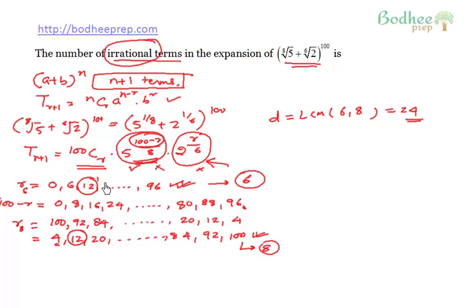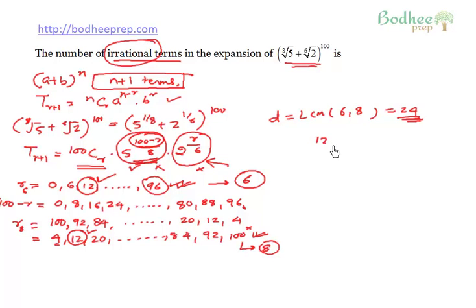So the first common term will be 12 and the common difference will be 24, and the terms will go till 96. We will not take 100, because we have to take the smaller of the two series' limits.